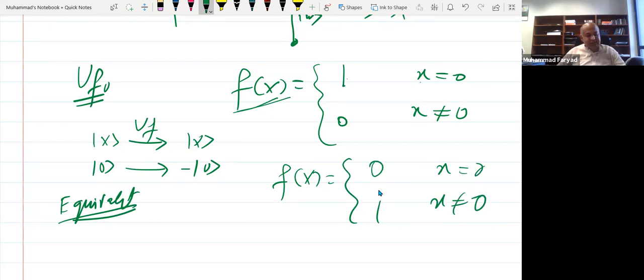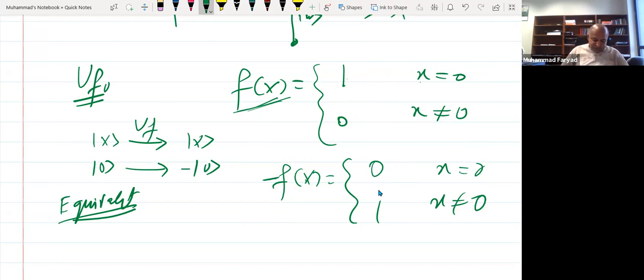And the reason is that these two only have a global phase difference, because this means that you give a negative sign to every state that is not 0, and 0 to the state that is 0, and this is the opposite. So the overall difference is that this is f of x, and this is essentially minus f of x. So it doesn't matter. When you are implementing it, you can implement it any way you like.